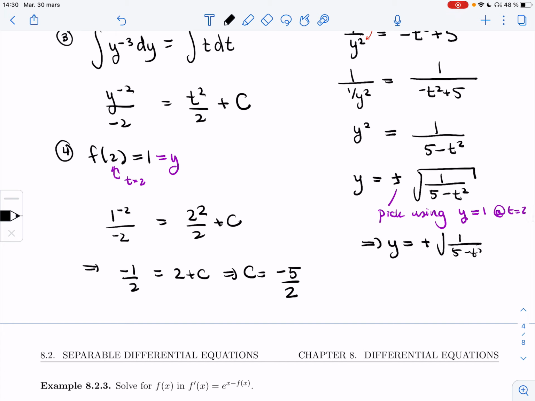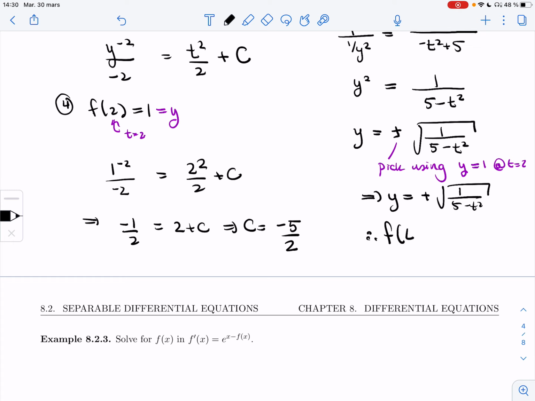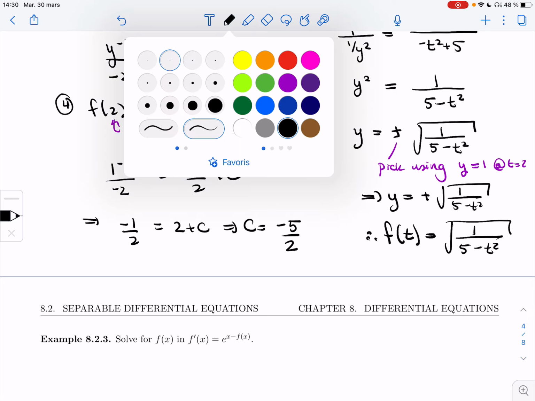And so final thing, answer the question. I need to solve for f, not y. And so the final answer is that f of t is square root of 1 over 5 minus t squared.